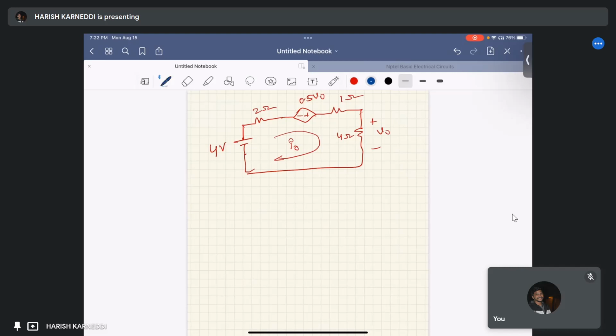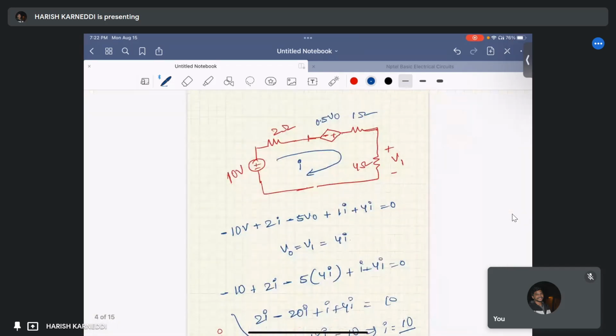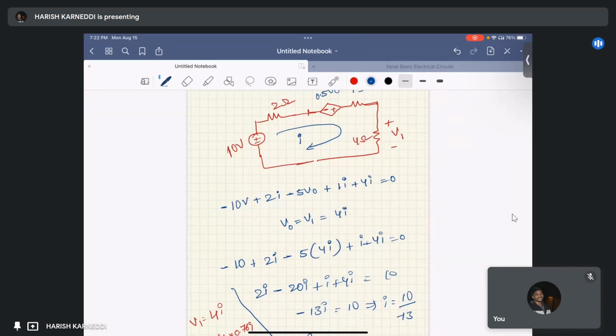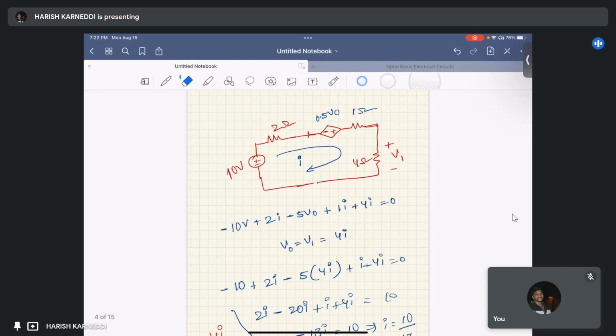So this is minus, this is plus, right? Minus 4 plus 2 I naught minus 0.5 V naught.